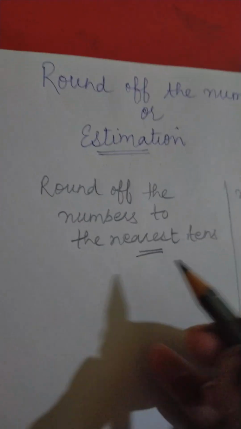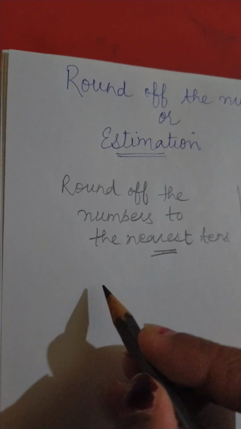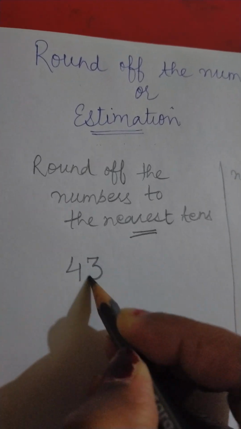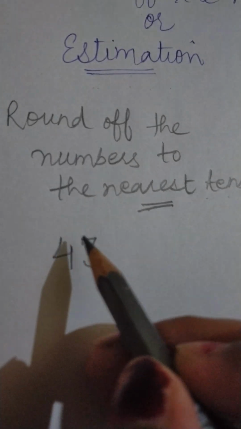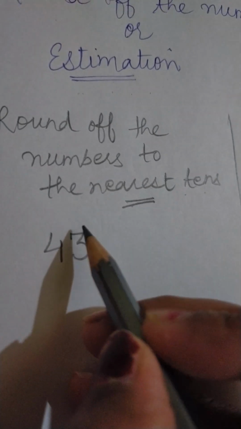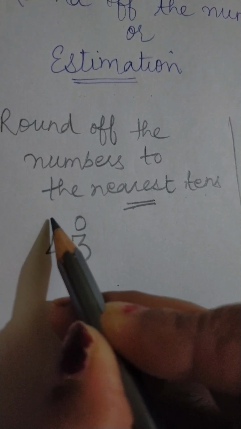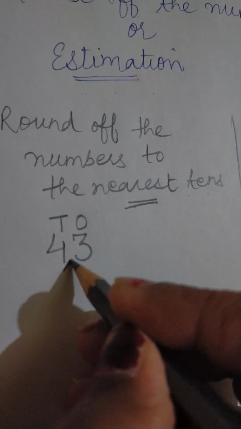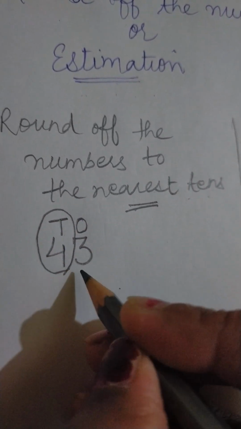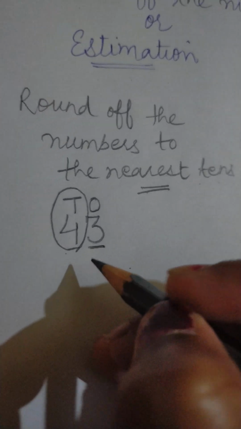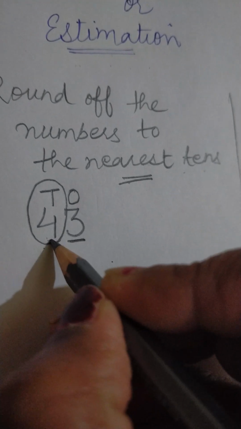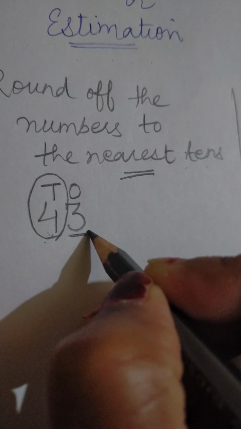Listen carefully. For example, we are given the number 43 and we have to round it off to the nearest tens. Firstly we will write the places up to tens: ones, tens. Now we have to round off the tens place digit, and this digit will be underlined.